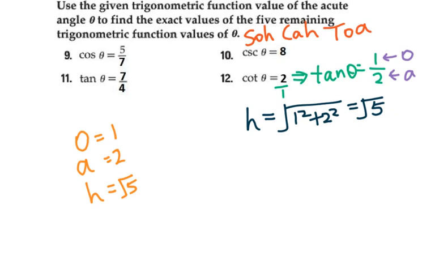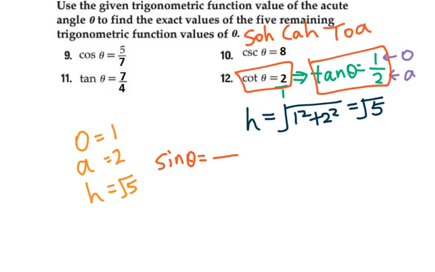We already got that cotangent here and then the tangent. So we're working on the sine theta equals O over H, that's 1 over square root of 5. So we simplify, get square root of 5 over 5. And for cosine theta equals A over H, which means 2 over square root of 5.